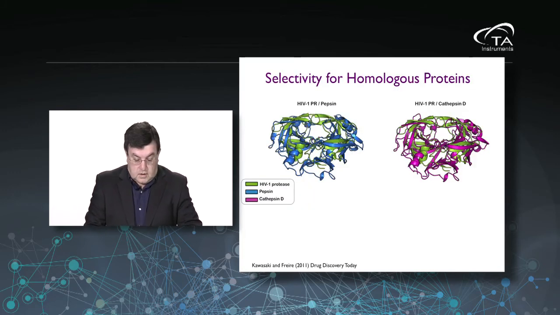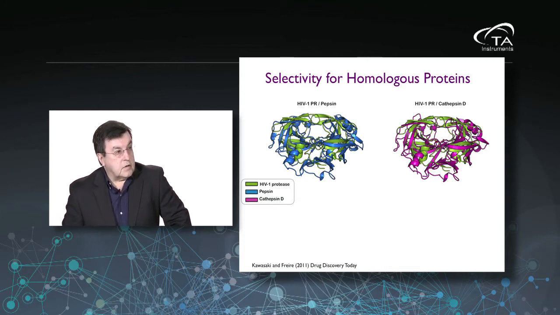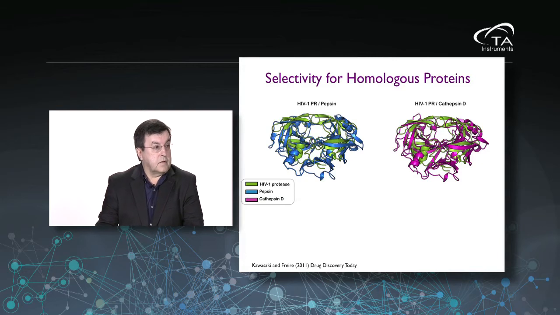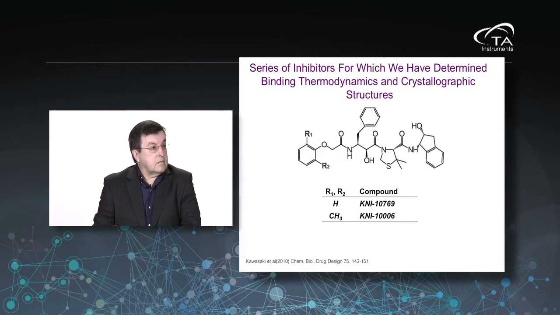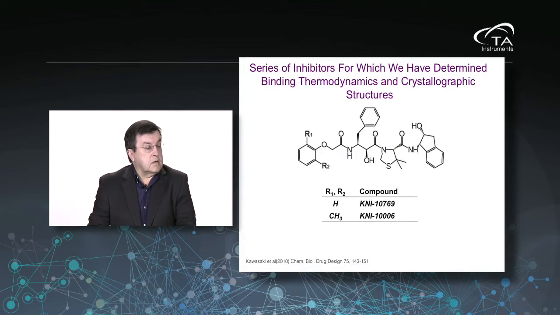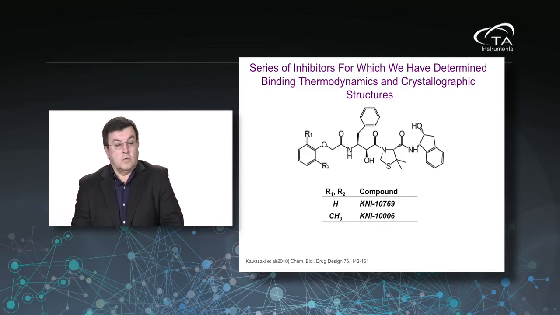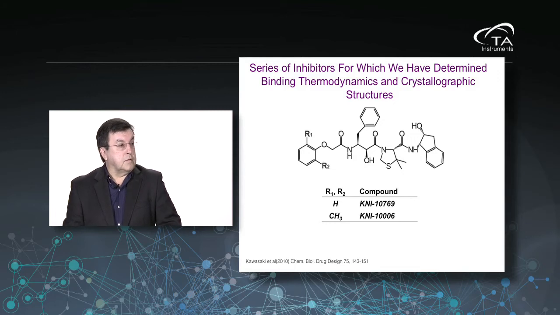I'm going to give you an example again with the HIV protease and 2 proteases, pepsin and cathepsin D, that are aspartic proteases in the human body, and those proteases need to be off-target. First, we look at the effects of improving the affinity with 2 hydrophobic groups.